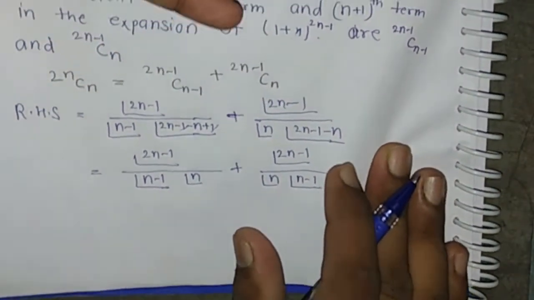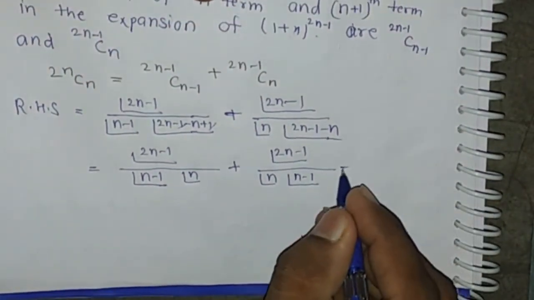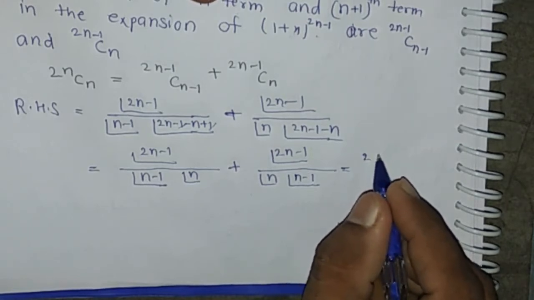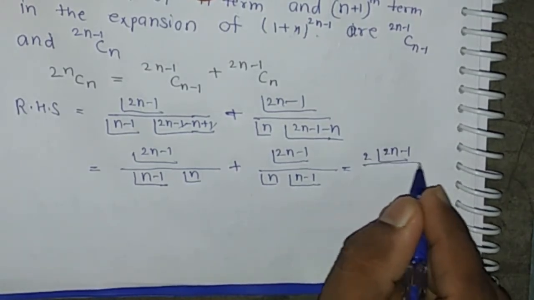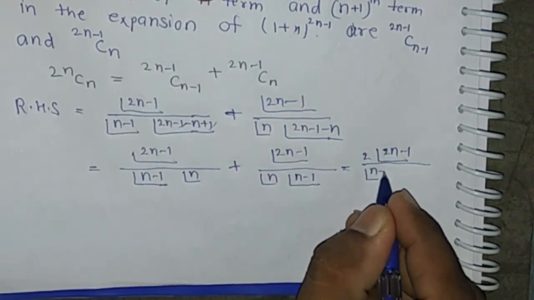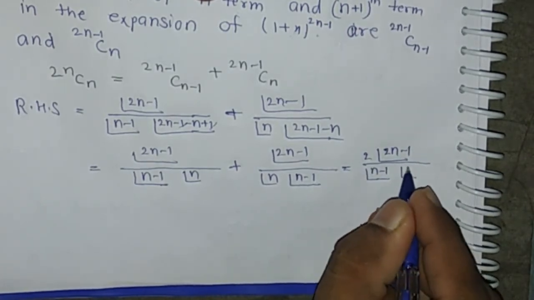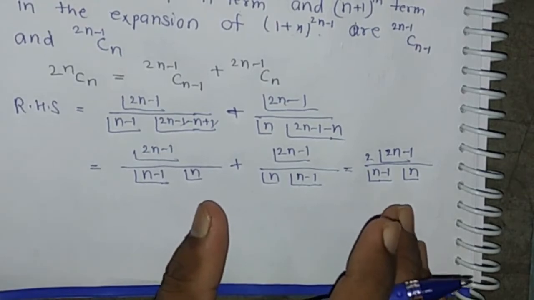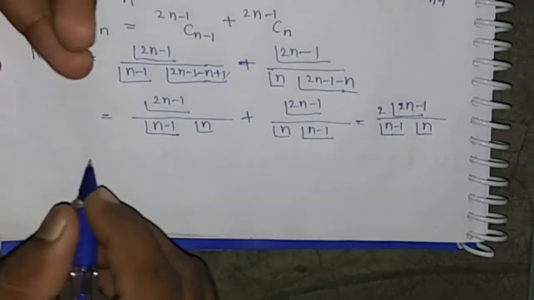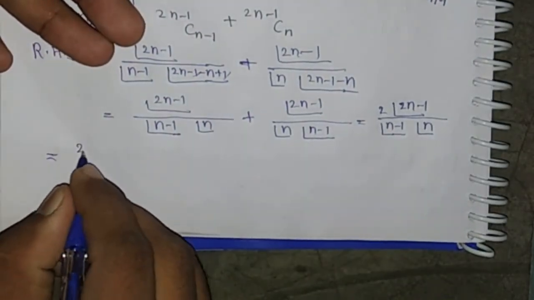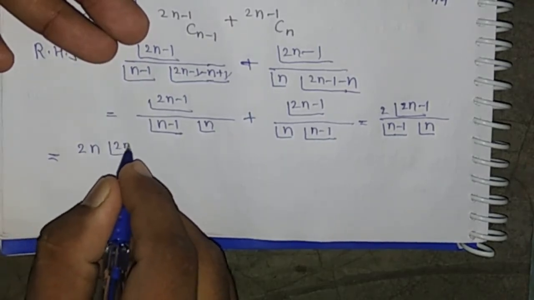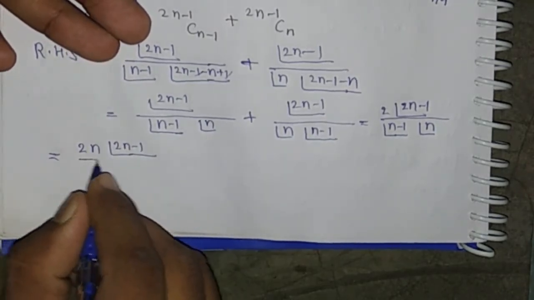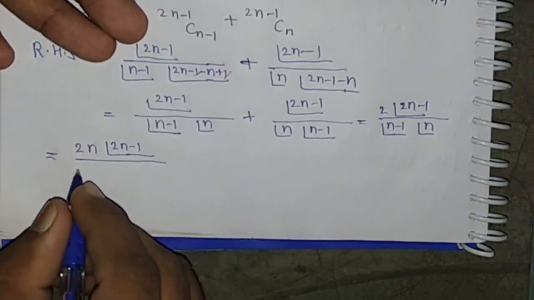Now we have two same terms, meaning 2 × (2n-1)! / [(n-1)! n!], since we add these terms. Now we divide and multiply the whole expression by n.